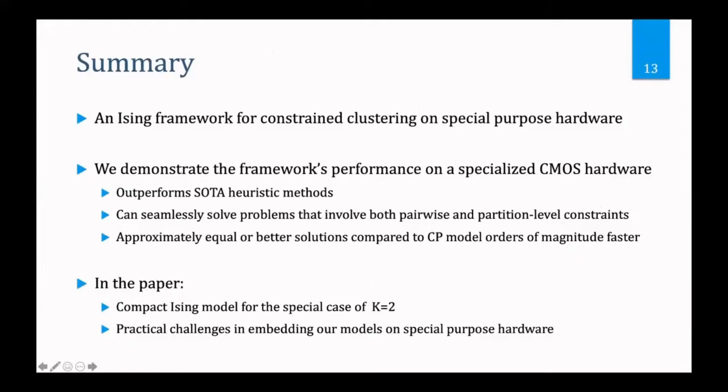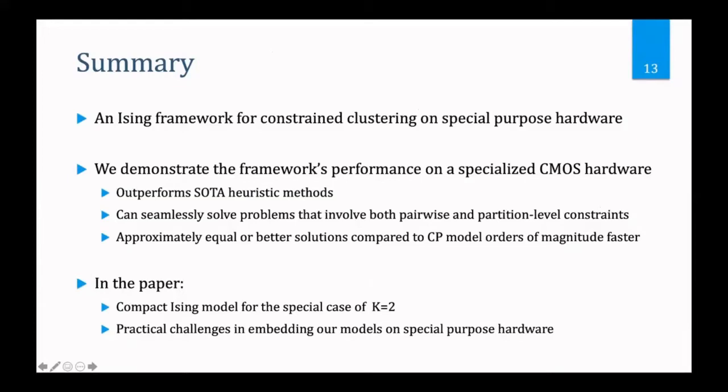To summarize, we present an Ising framework for constraint clustering on special purpose hardware with pairwise and partition level constraints. We demonstrate the framework's performance on a specialized CMOS hardware, the Fujitsu digital annealer, and show that it outperforms state-of-the-art heuristic methods.